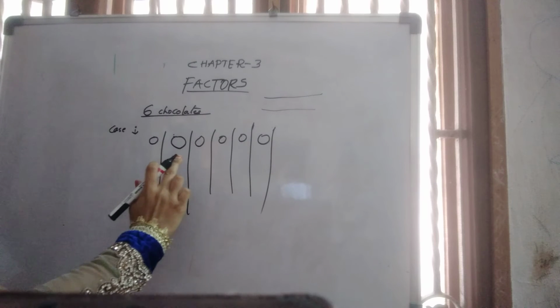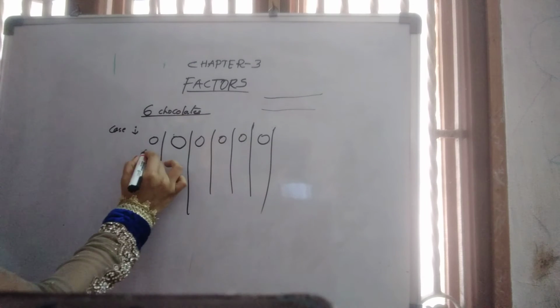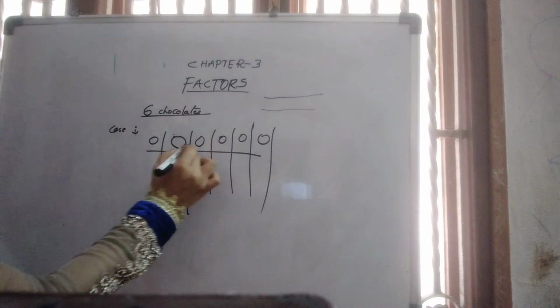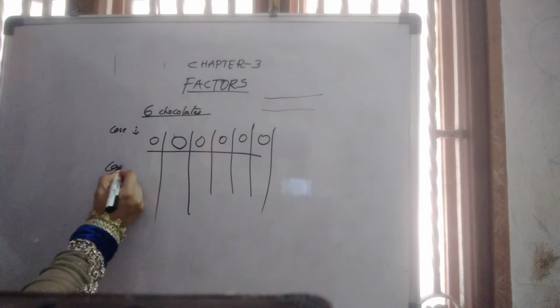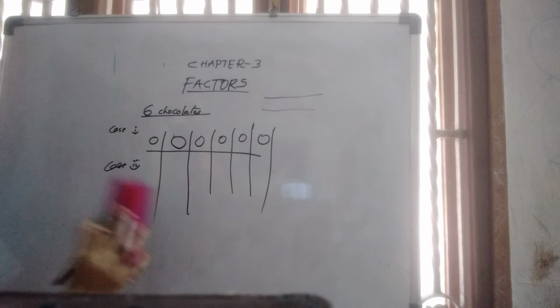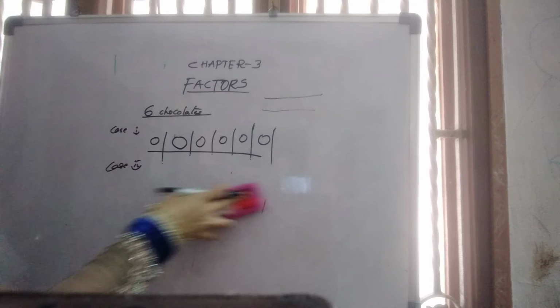That means this is one way she can arrange 6 coins, with the same number of coins in each column, only one coin. And we have to arrange 6 chocolates, or coins, anything.